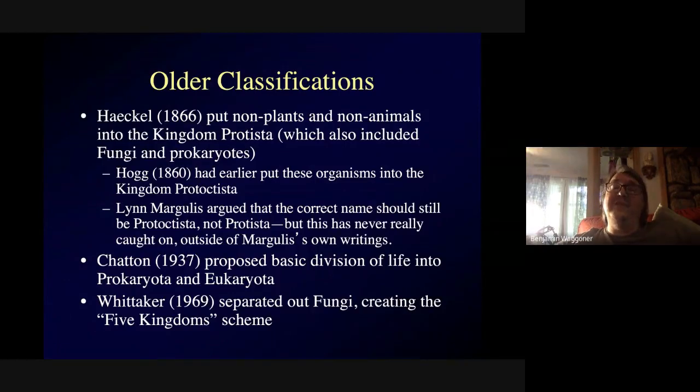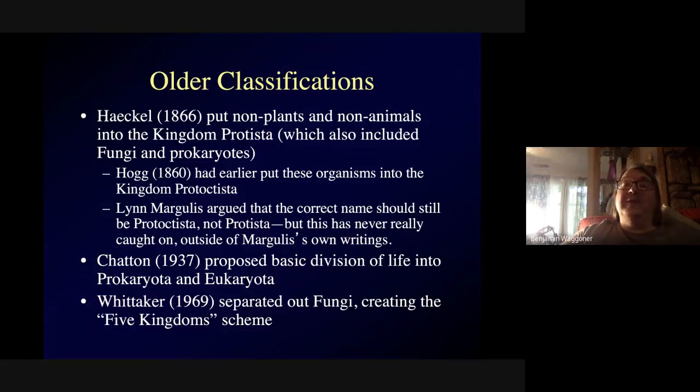The thing is, this has never really caught on. If you read Margulis's own writings, of which there's a lot, or the writings of the people that were influenced by her, you will encounter the word protoctist and protoctista. Outside of that, this has never really caught on, and just about everybody says protista. So I'm just saying that in case you encounter protoctista down the road, it's the same as protista.